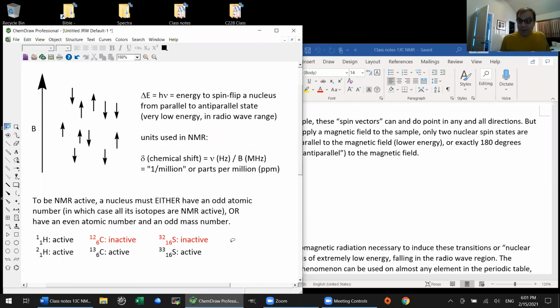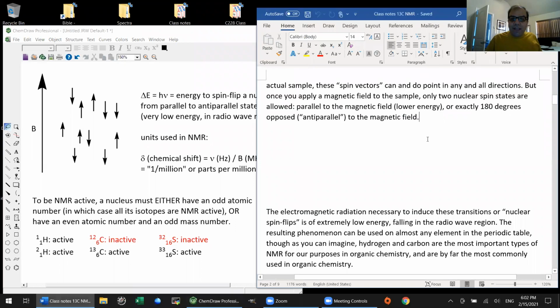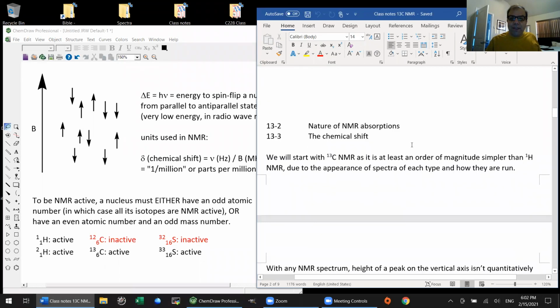Just like you wouldn't take a boron-11 NMR spectrum unless you had a molecule with boron in it. Otherwise, there's no point. Of course, we're going to focus on proton and carbon NMR. And we're going to start with carbon NMR because, trust me, it is much, much less complicated than proton NMR. So I think that's about all we need to say to get started here.